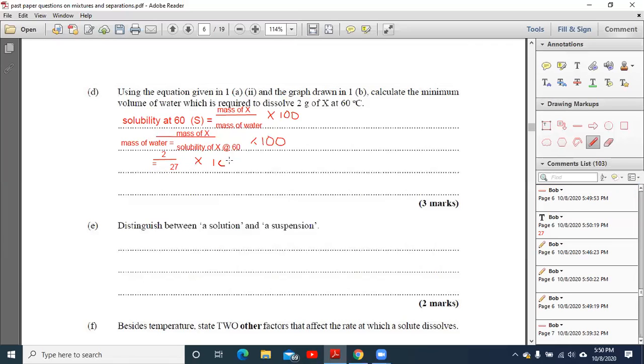And when we input that into our calculator, we should get 7.41 grams, which is equal to 7.41 cm³, right?